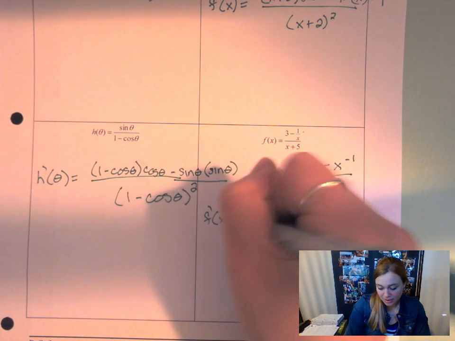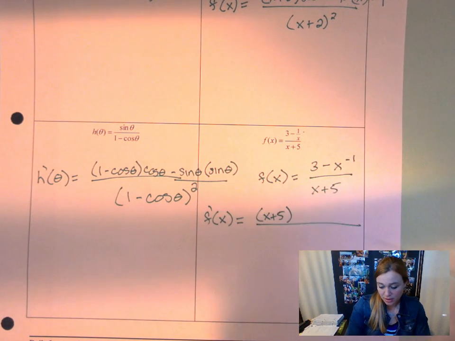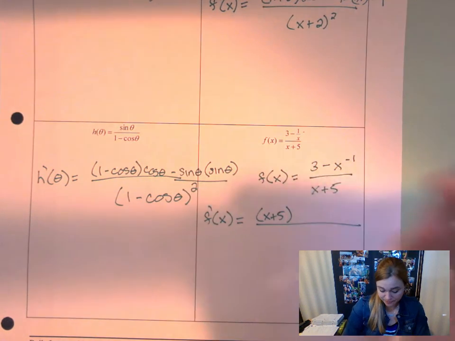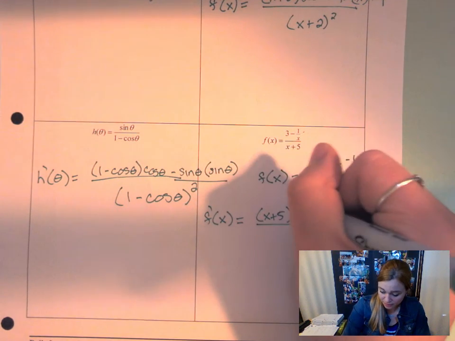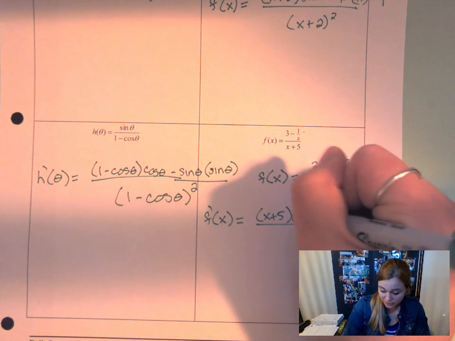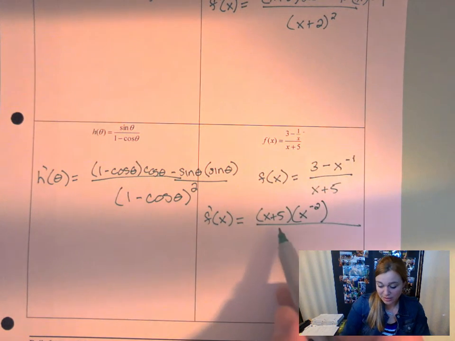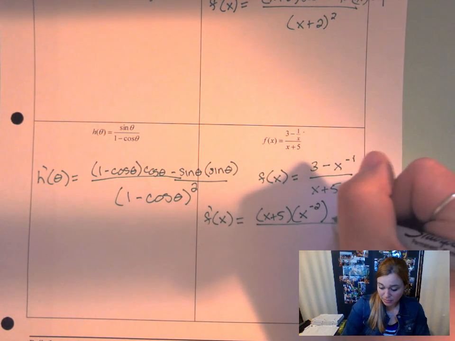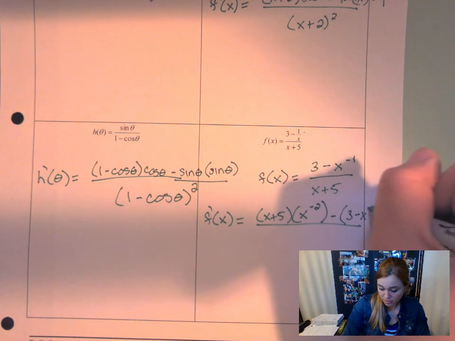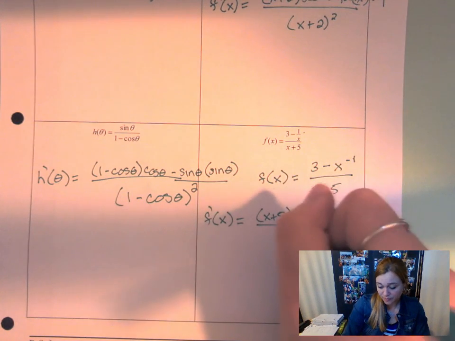F prime of x would be the bottom times the derivative of the top. The derivative of the top would be negative times negative, which is positive, x, subtract 1 from the exponent. So I did bottom times the derivative of the top minus the top times the derivative of the bottom, which is just 1, over the bottom squared.